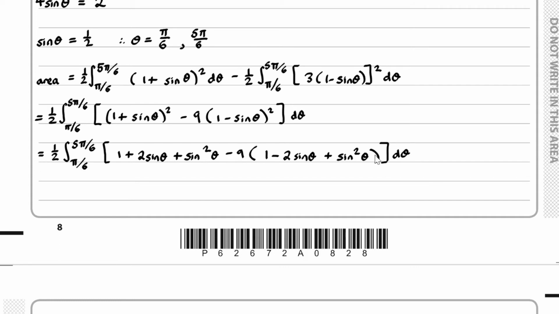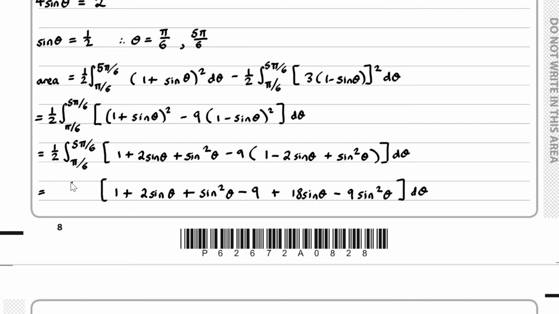So if we multiply the 9 into the bracket, you can see here we've got 1 plus 2 sine theta plus sine squared theta minus 9 plus 18 sine theta minus 9 sine squared theta, and we wish to evaluate this with respect to theta in between pi over 6 and 5 pi over 6, and obviously we still need to multiply by the 1/2.